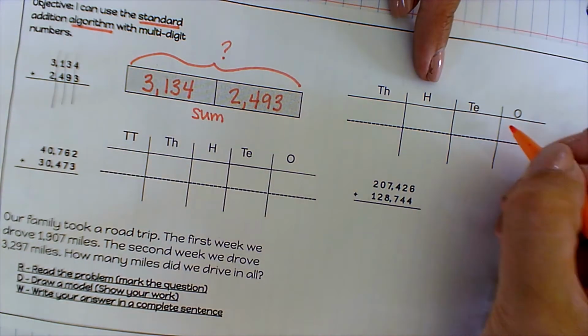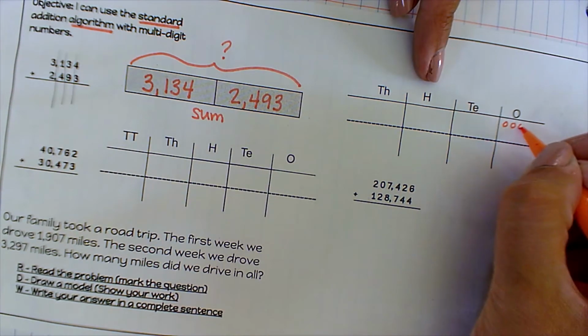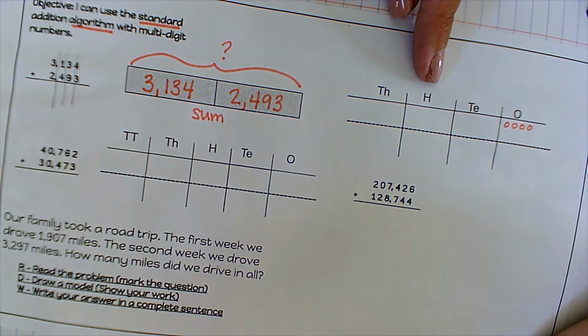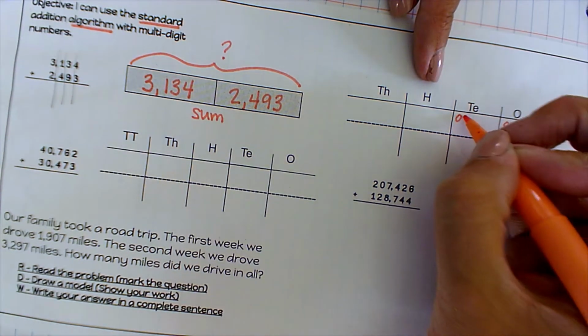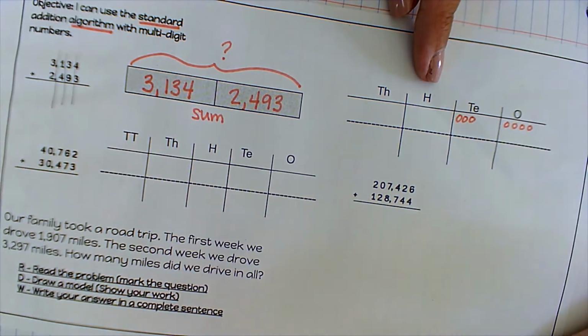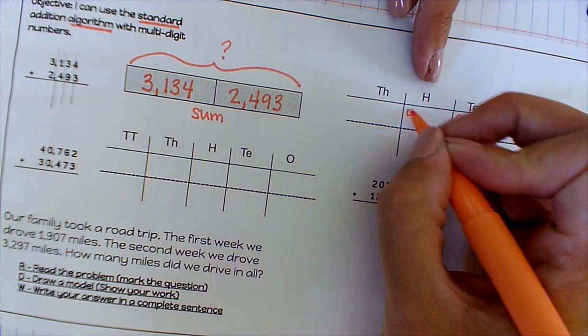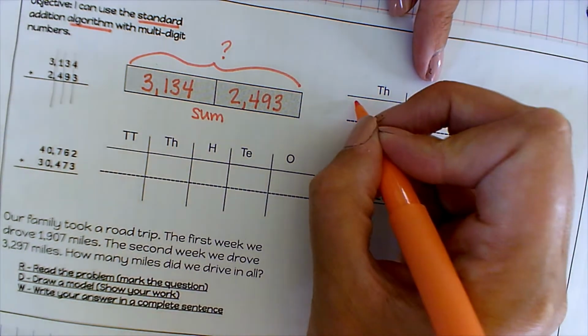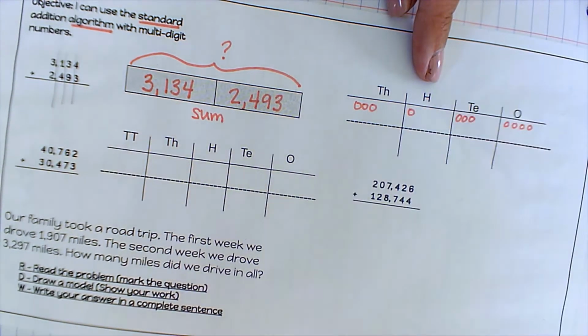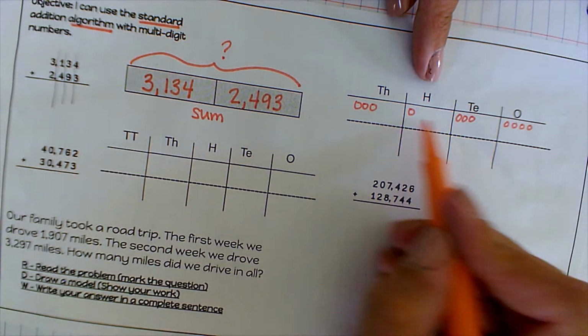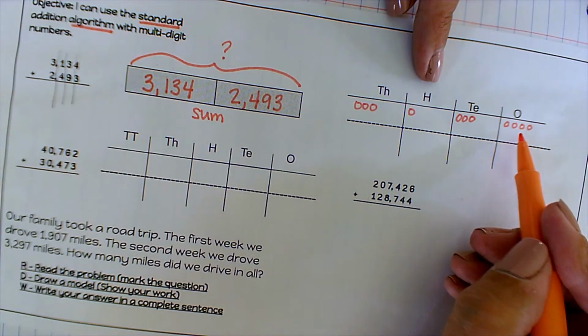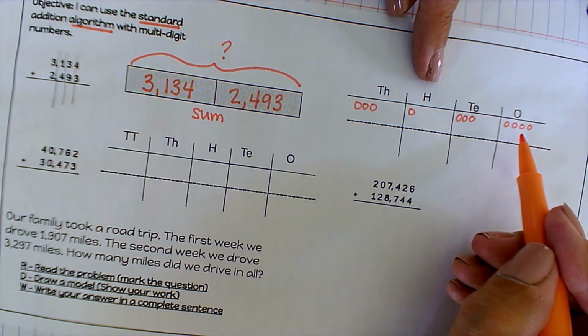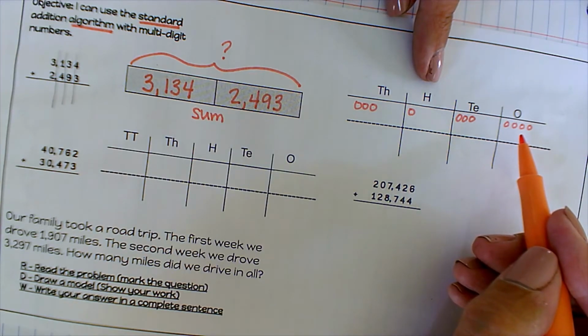3,134. Of course, I'm going to start in my ones. 1, 2, 3, 4. I have 3 in my tens. 1, 2, 3. I have 1 in my hundreds and 3 in my thousands. 1, 2, 3. So when I look at this number that I used place value discs, that represents 3,134.